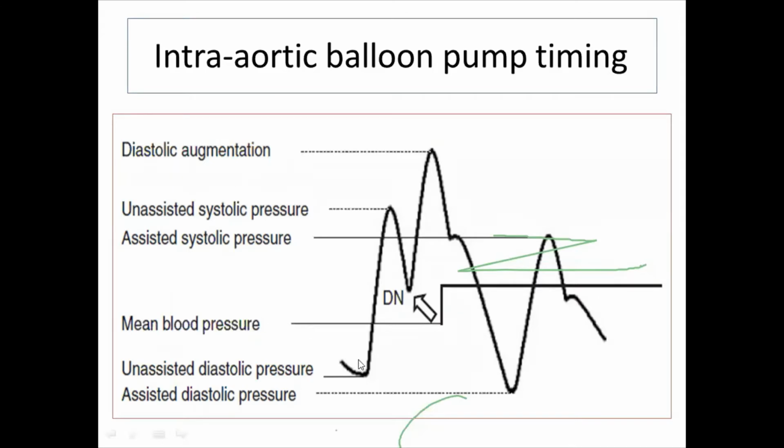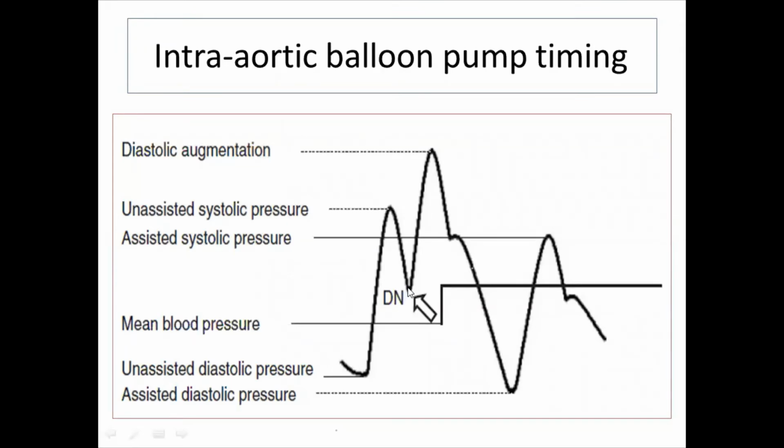If we start from here, this is the unassisted diastolic pressure without intra-aortic balloon pump. Then increasing, this is the filling, this is the unassisted systolic pressure. Then we go to the down limb of the aortic pressure, and here we have the dicrotic notch.